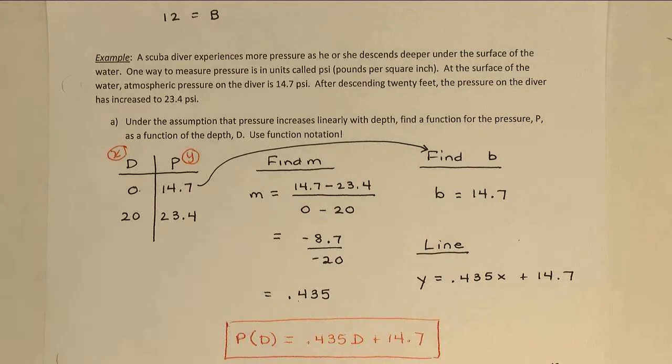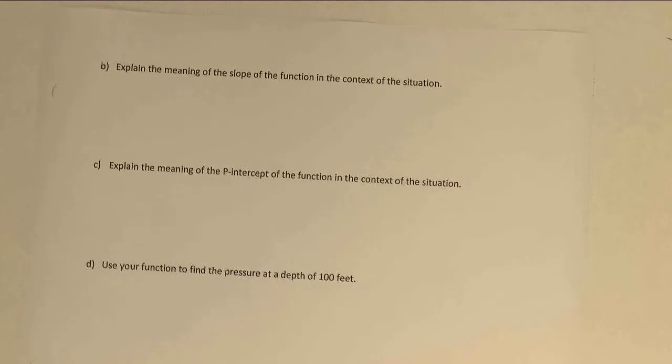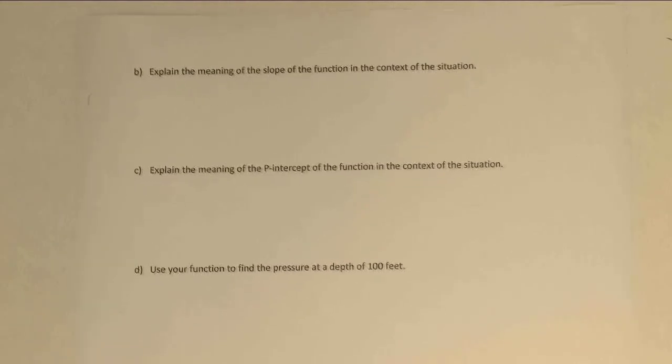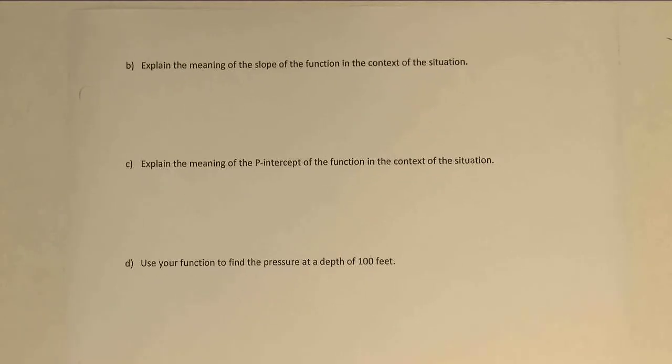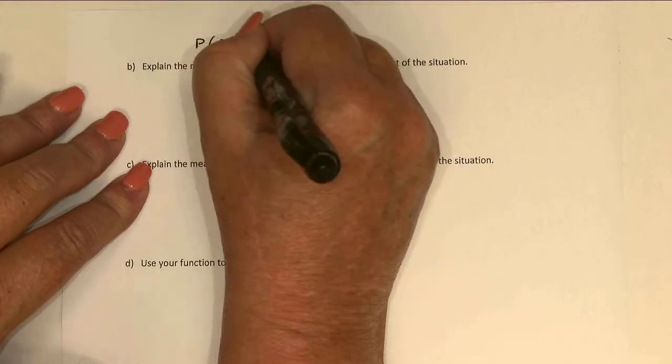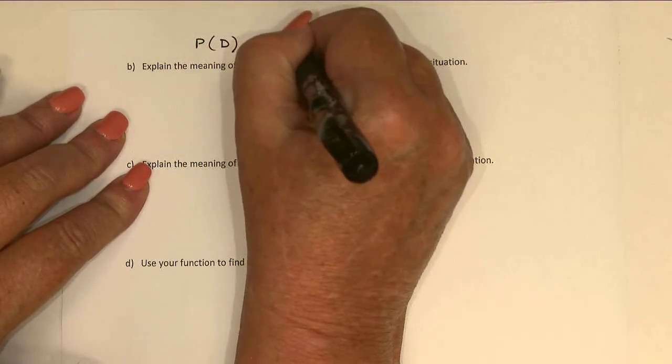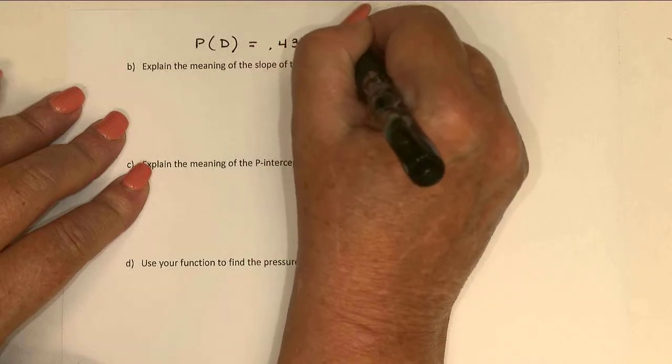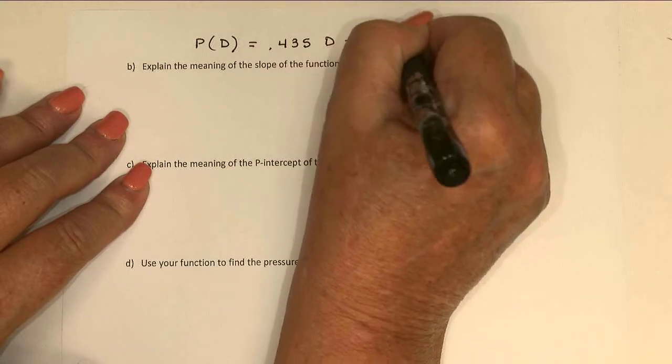All right, on the next page, we'll answer a few questions about that equation. So I'm just going to rewrite that for us at the top of the page. Pressure as a function of depth. Like so. There we go.